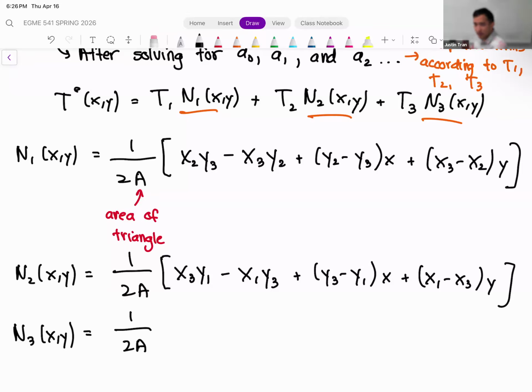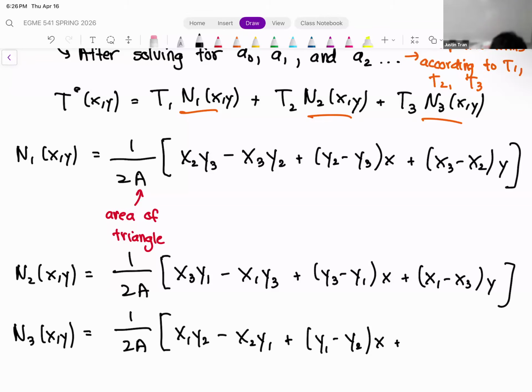All right, and then finally we have N3. N3 is the third shape function, so this is 1 over 2a multiplied by x1, y2 minus x2, y1 plus y1 minus y2 multiplied by x plus x2 minus x1 times y.